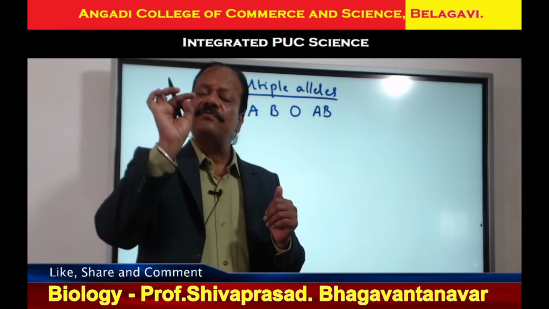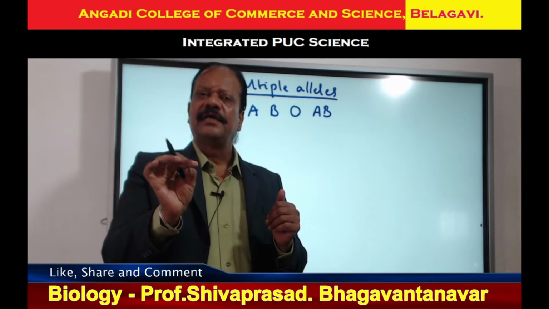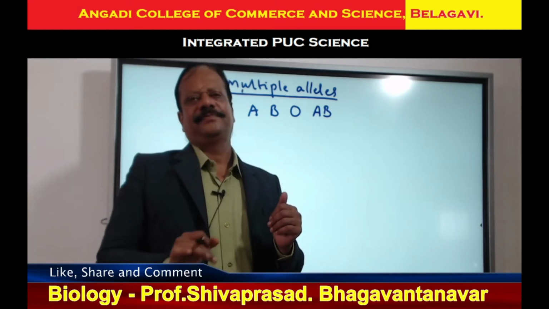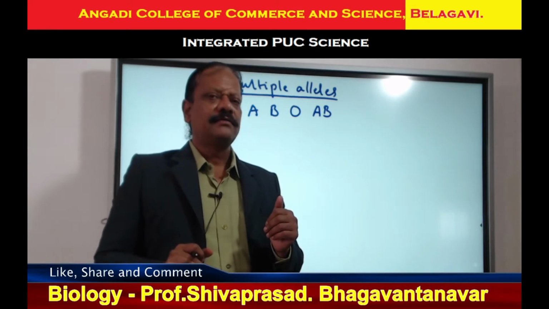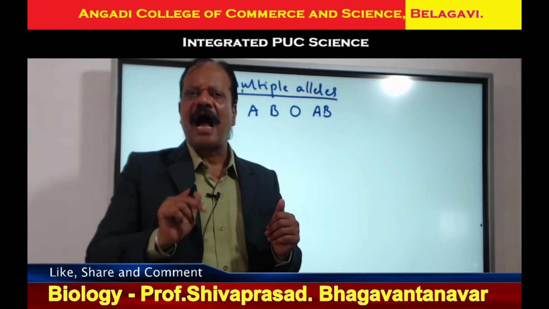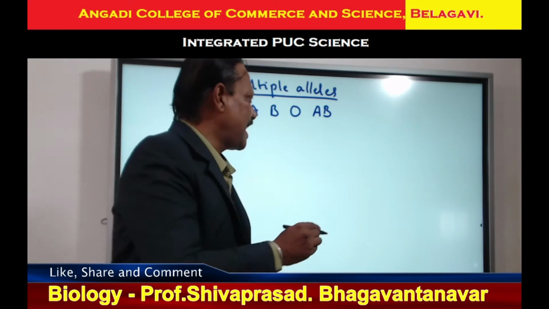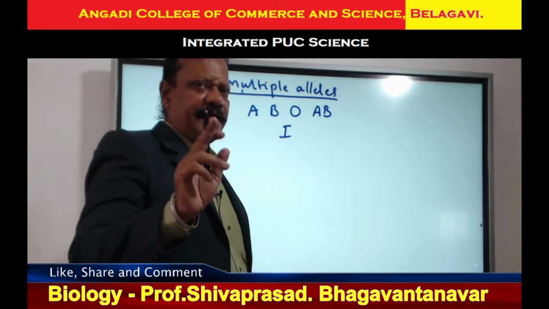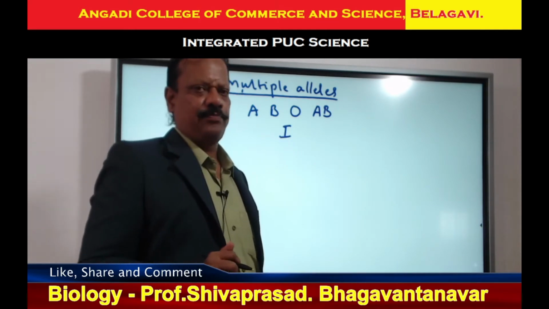A kind of sugar is identified by the gene I. So for blood group, we are considering I as a gene, capital I. It is a gene for blood group.